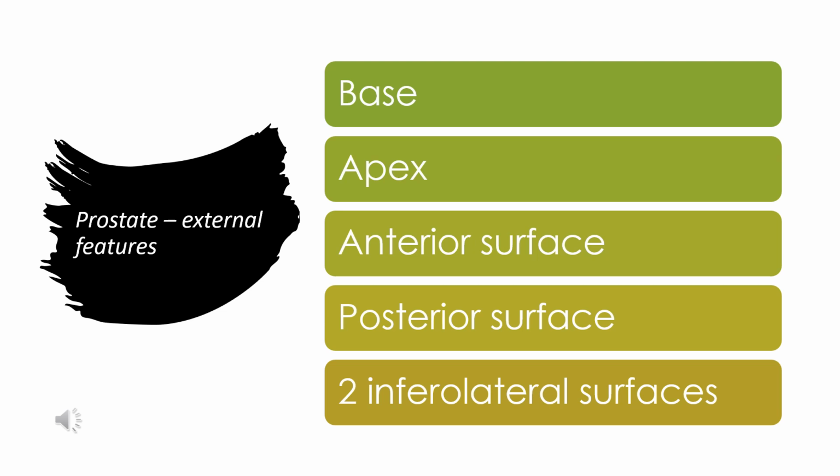The 4 surfaces are anterior, posterior and 2 infralateral surfaces. Once again, the prostate gland presents an apex, a base and 4 surfaces: anterior surface, posterior surface and 2 infralateral surfaces.